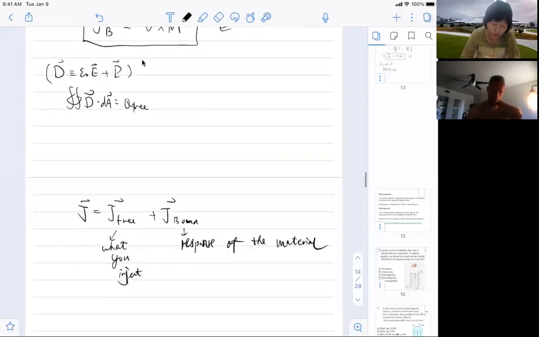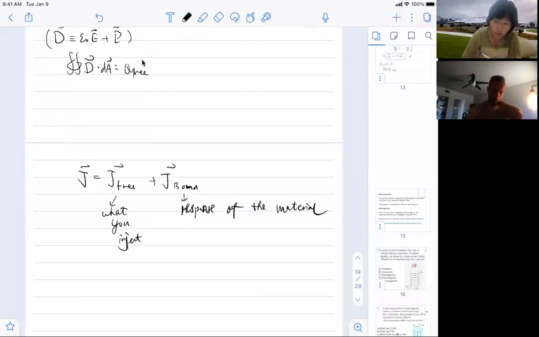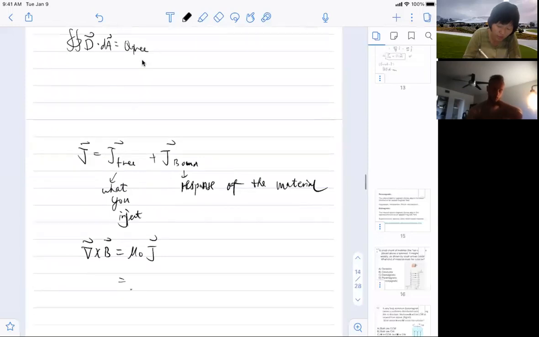Okay, so Ampere's law will change. So what is Ampere's law? Ampere's law is the curl of B equals what? Mu naught J. Now this J is all of the currents, free current or bound current. So you can do the same thing as we did previously, where the divergence of E is rho. Rho becomes rho free plus rho bound, right?